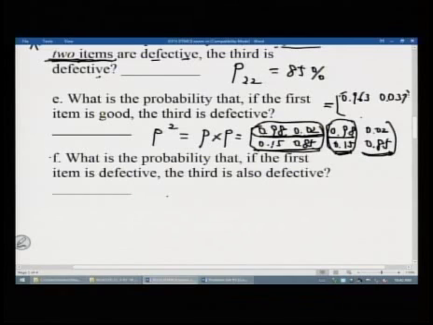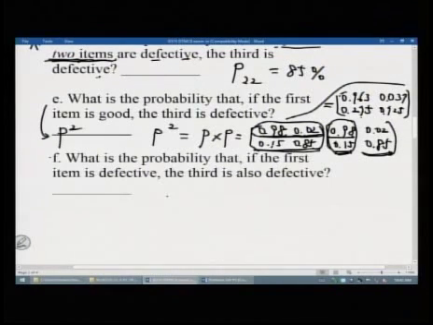Okay. How about this? It's 0.275. 0.725. Okay. So this is the P-square matrix. So using this P-square matrix, how do you answer this question E?